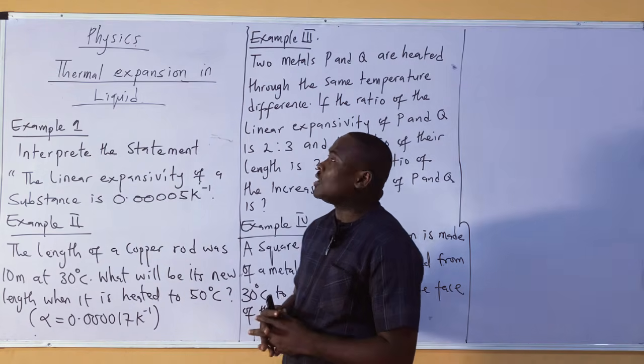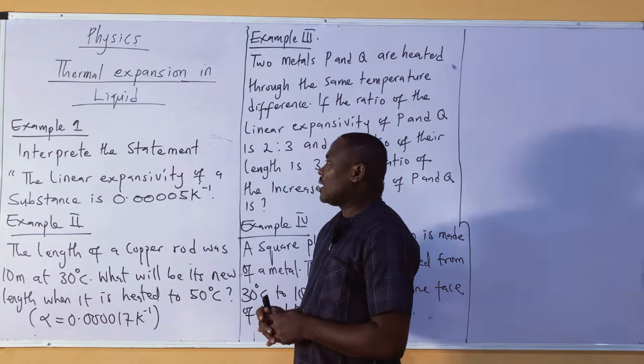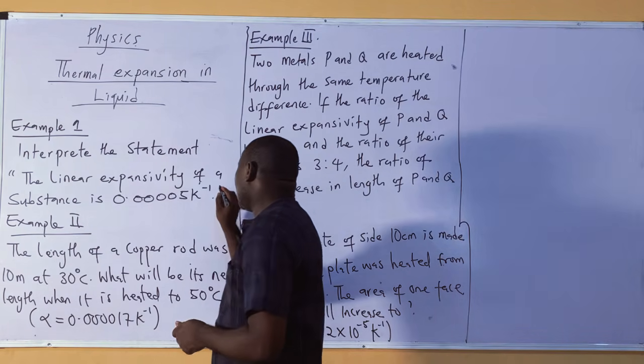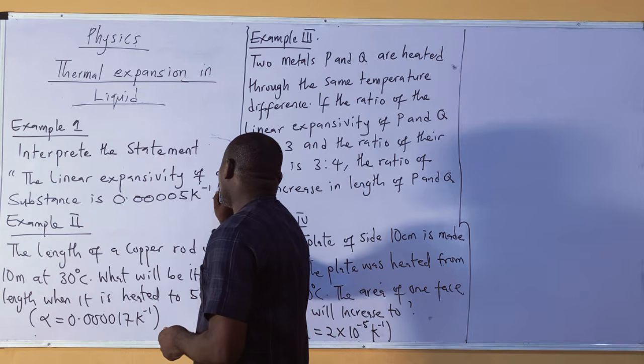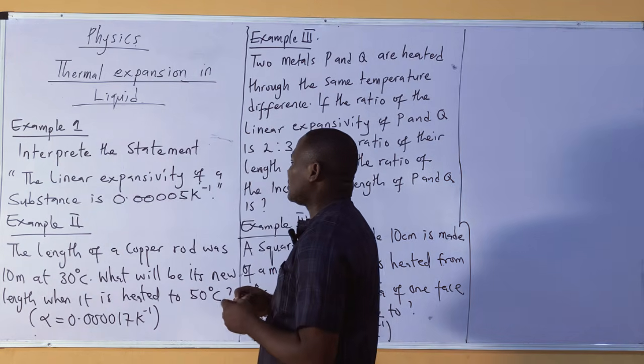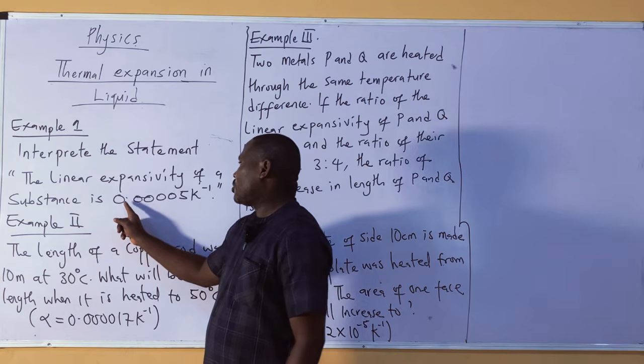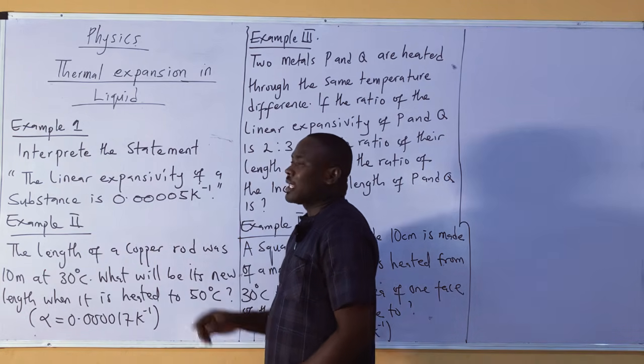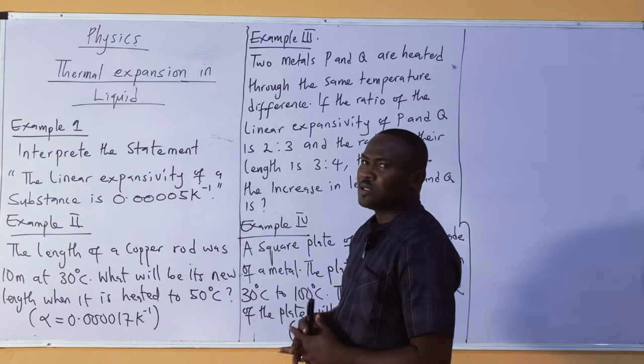Thermal expansion in solid and liquid. Now, number one says interpret the statement. What's the statement? The linear expansivity of a substance is 0.00005 per Kelvin. What does this mean?